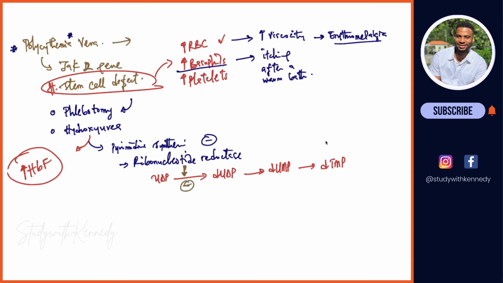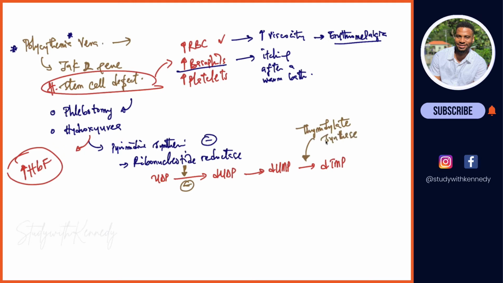And just as an aside, do you remember the enzyme, first of all, that worked at this last step? If you said thymidylate synthase, you would be correct. You may remember that thymidylate synthase is the enzyme on that pathway.